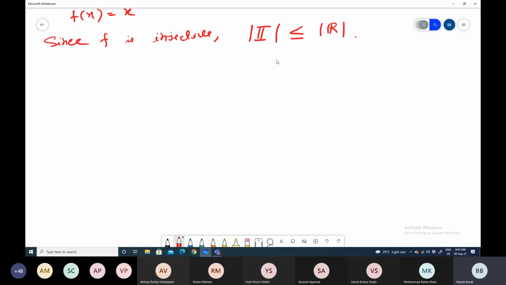So how to find it? Actually their cardinalities are equal, so you have to find one bijection from I to R. So this is a trick. Even during the exam, we can give you two sets and ask you to find a bijection between these two sets. So this is a little bit tricky. So what can we do actually?